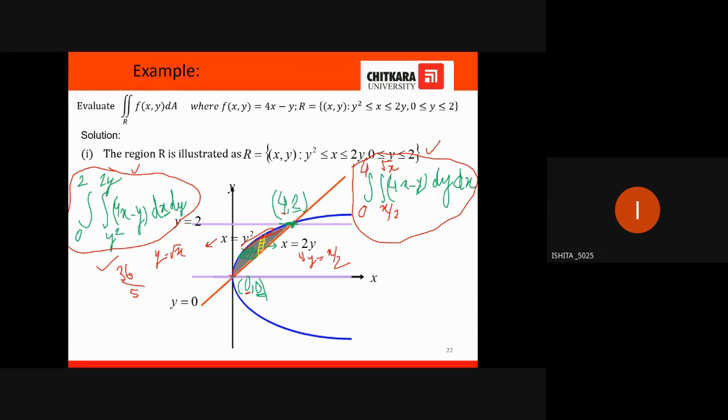Yes, ma'am, it's 36/5. You have solved which one, beta? Same this one, dx dy? Yes, ma'am. Okay. Anyways, note it down, solve it later on.